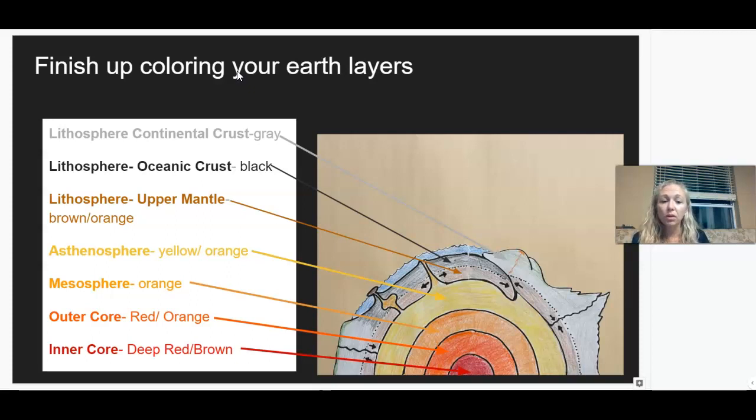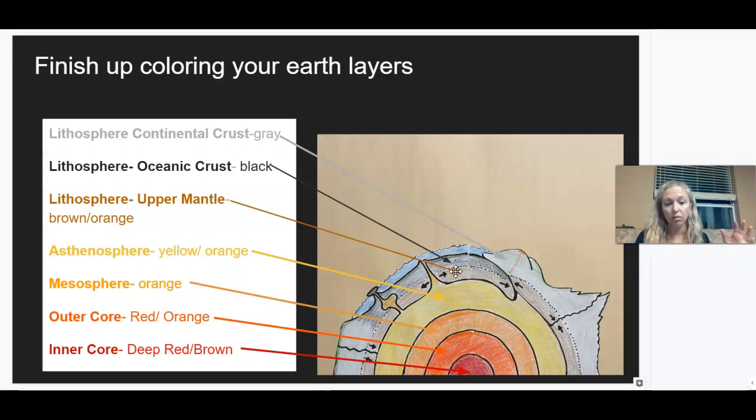For the rest of you, this is where we left off on our earth layers diagram. You should have everything colored. We colored our inner core, outer core, mesosphere, and asthenosphere all one color. We looked at our lithospheric plates and colored those a little bit more specifically, because it's important that we understand the difference between our different types of crust, continental and oceanic crust, and also that it's joined with that upper portion of the mantle that is a solid, right?